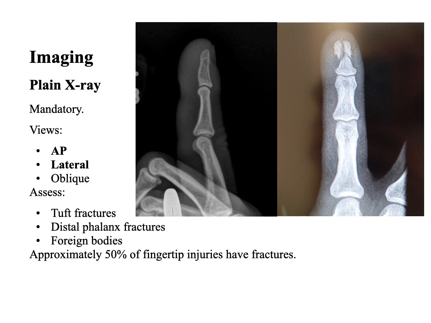The finger itself, without other fingers, should be filmed from the lateral side. The oblique is optional. This is to assess the tuft fracture, phalangeal fracture, or base fractures. Sometimes you see avulsion of the flexor tendon or the extensor tendon with part of the bone, and this will be discussed later.